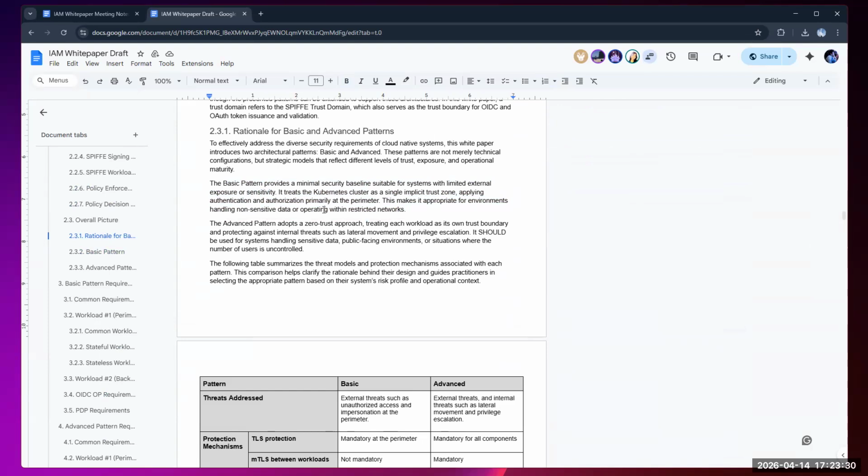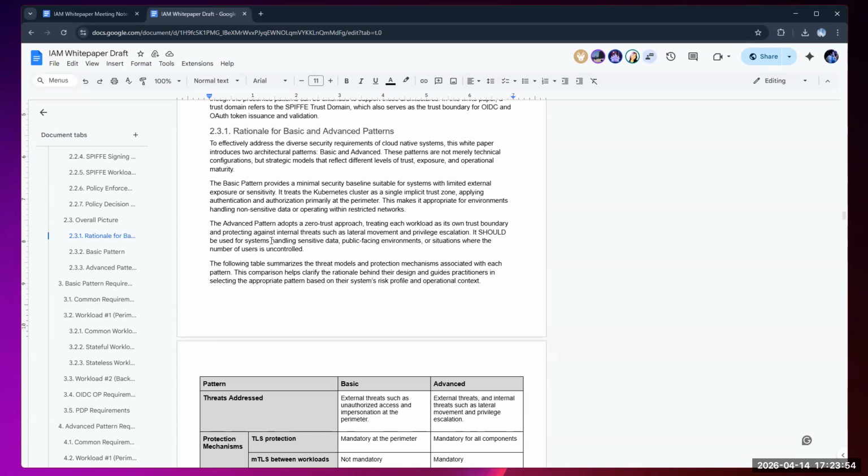But on the other hand, the advanced pattern should be used for systems handling sensitive data, public-facing environments, or situations where the number of users is uncontrolled.